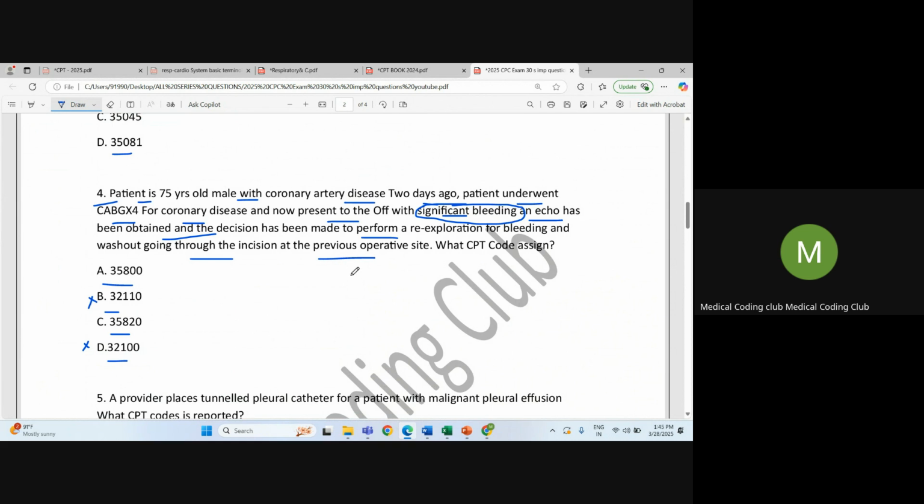So 35820 you can select, and if they specify the location as neck, you can choose 35800. Since it's a CABG procedure, you can consider 35820. This is the right answer for this fourth question.